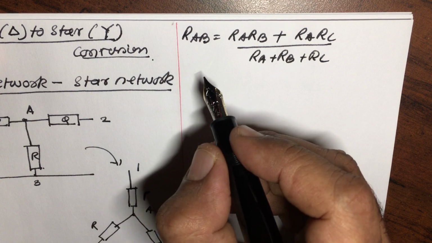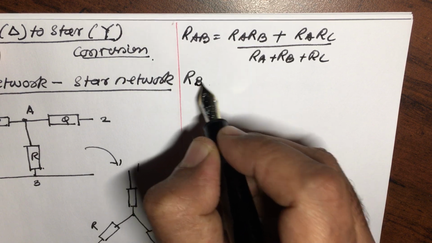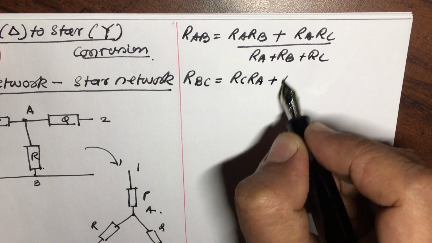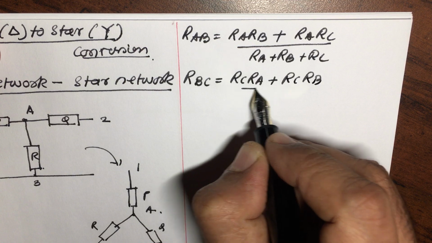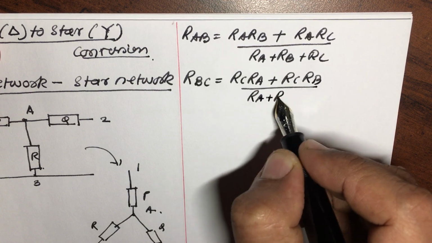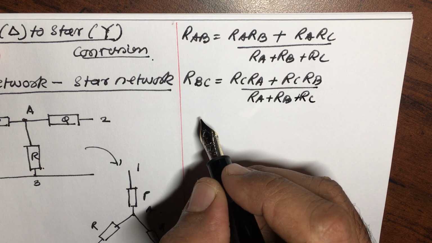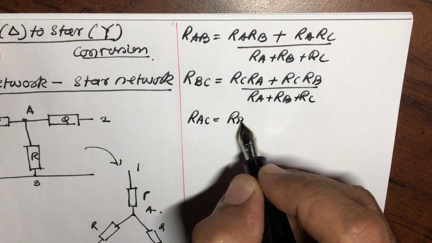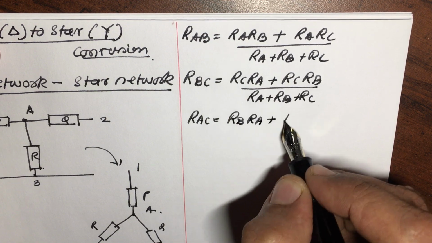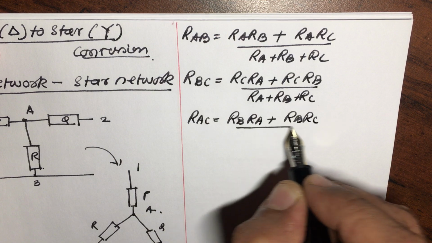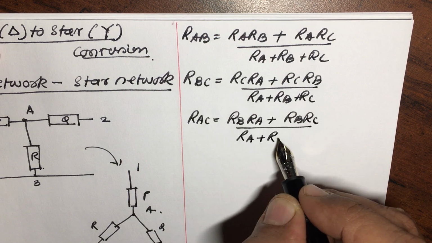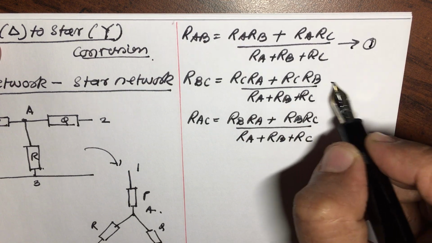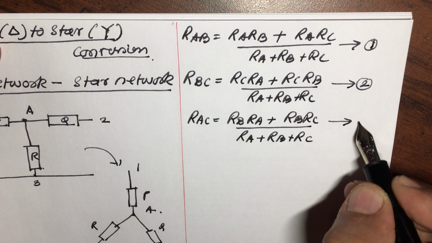If you do the mathematics, you will get RBC as RC RA plus RC RB upon RA plus RB plus RC. Similarly, RAC would be RB RA plus RB RC upon RA plus RB plus RC. Let this be equation 1, 2, 3.